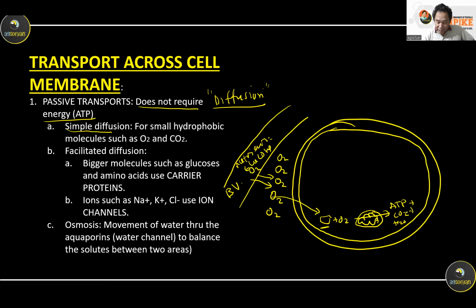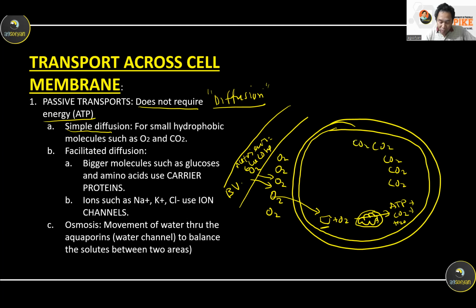If you see over here the results, because oxygen is used to convert the glucose into ATP, there is a lot of waste product, carbon dioxide. This carbon dioxide will be higher inside the cell.